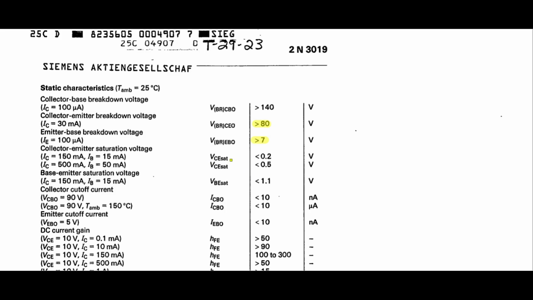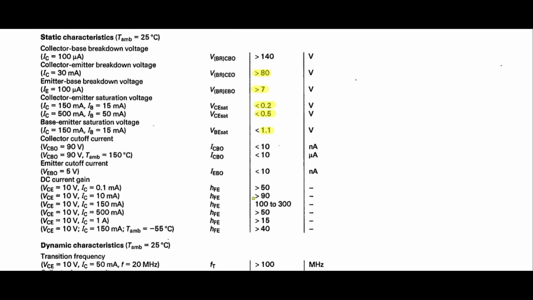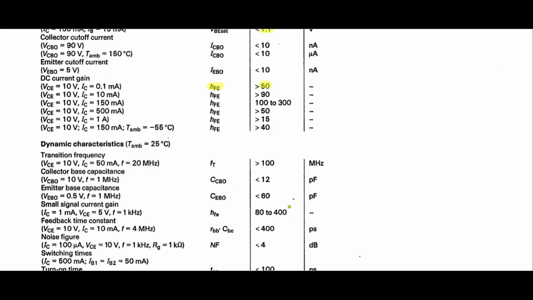The saturation voltage VCE SAT that we were using for calculation of the on-state losses, 0.2 volts to 0.5 volts at different base currents and the collector currents flowing through it. VBE SAT is around 1.1 volts, and you will see again HFE varying from 50 to 100, 300.